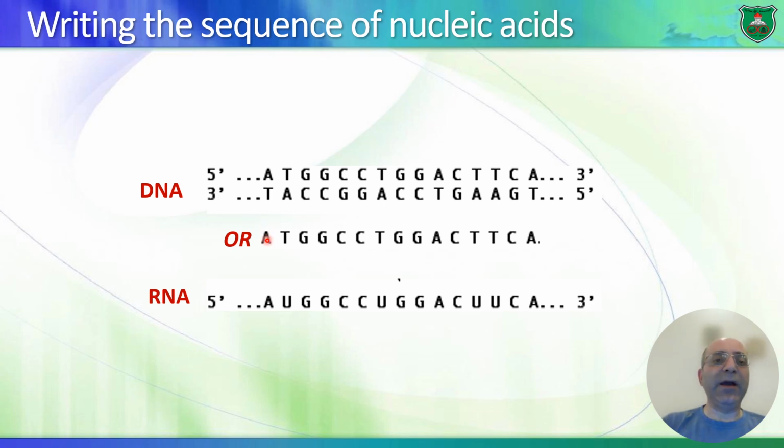Now, if I say DNA, we should all know again that it's double-stranded, and I do not have to write the complementary, anti-parallel strand. So I should know that this is the 5 prime end, and here we have the 3 prime end.